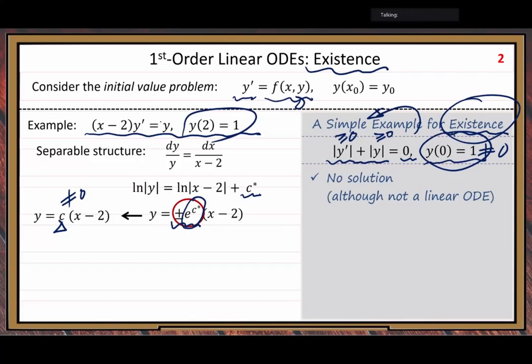If y equals 0, then the initial condition cannot be satisfied. So we require that little c cannot be 0.